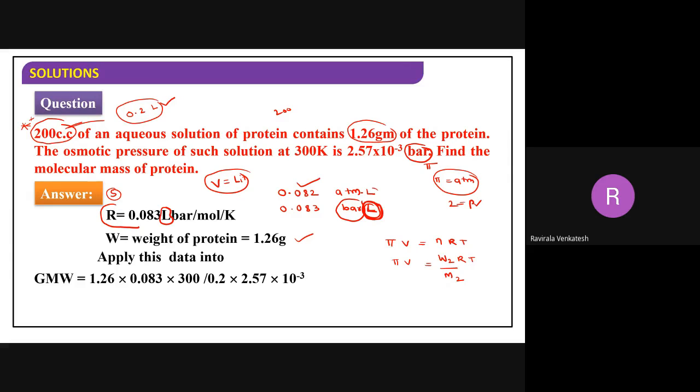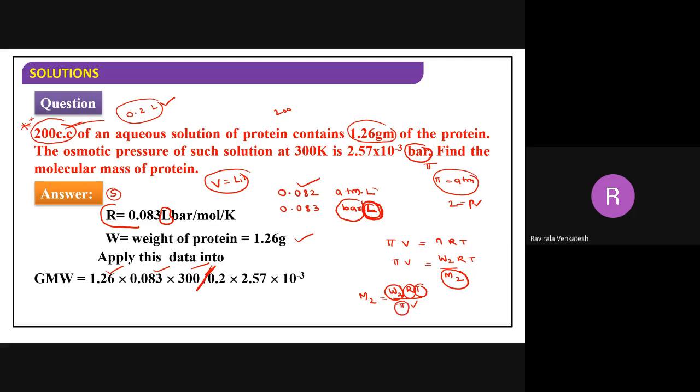Now we are calculating the molar mass of the protein, M2. So M2 is equal to W2 RT divided by pi. Now substitute W2 is equal to 1.26 grams. Next, the R value is 0.83. Temperature is 300, divided by.